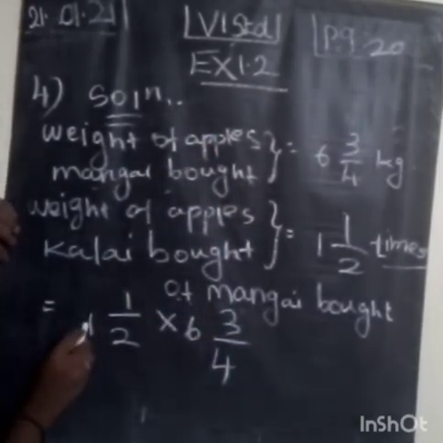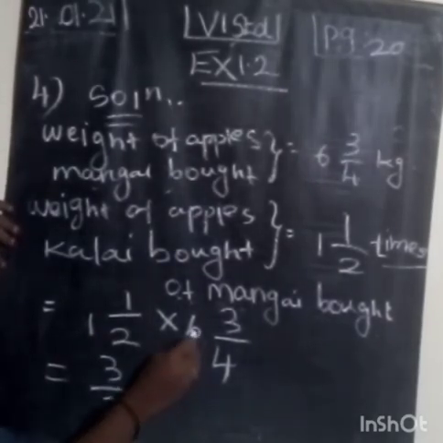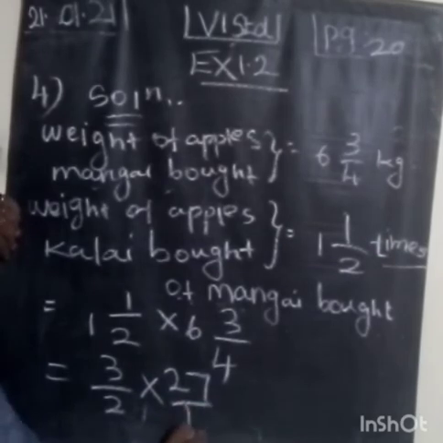So convert this. 1 2s are 2, 2 plus 1, 3. 3 by 2 multiplied by 6 4s are 24, 24 plus 3 is 27, so 27 by 4.